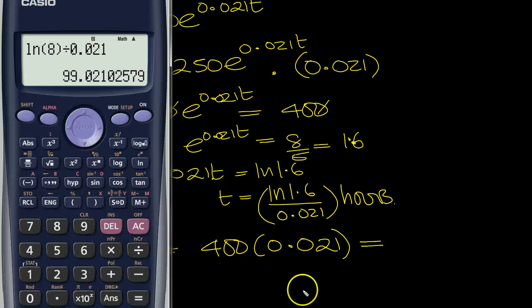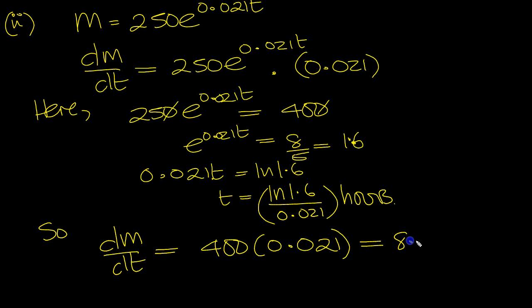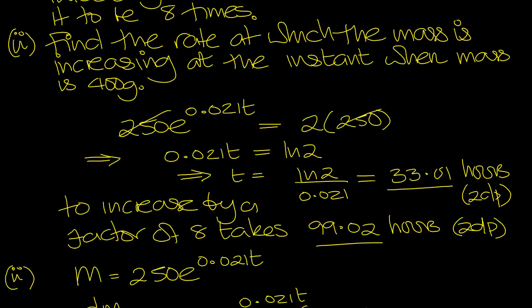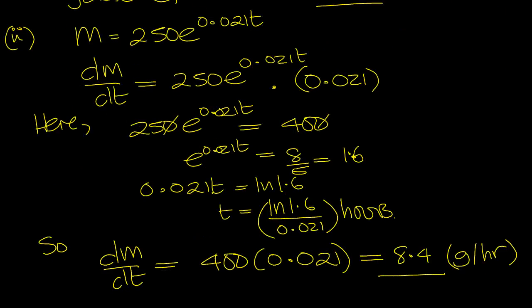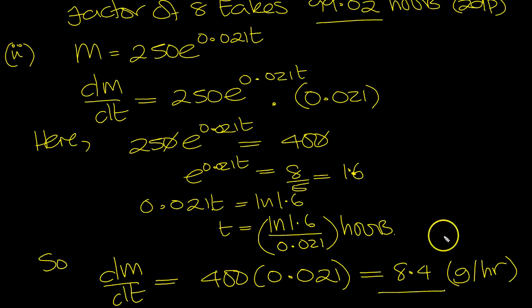So 0.021 times 400 equals 8.4 grams per hour. That's the rate of increase. Yep, okay, 8.4. So this work really was unnecessary here.